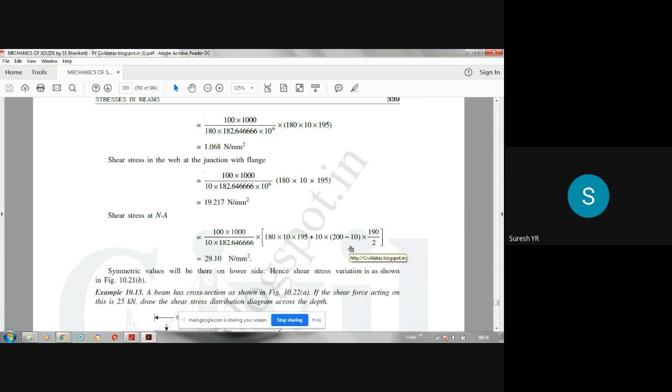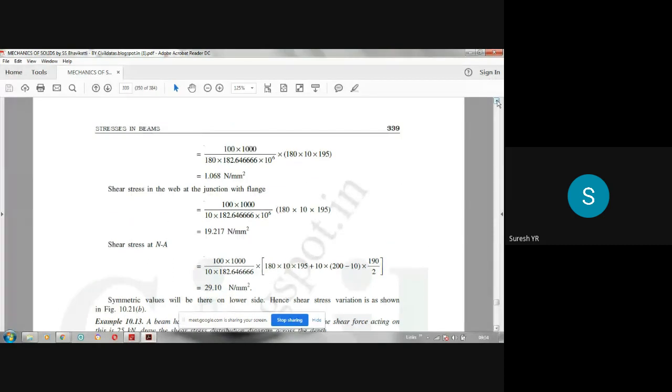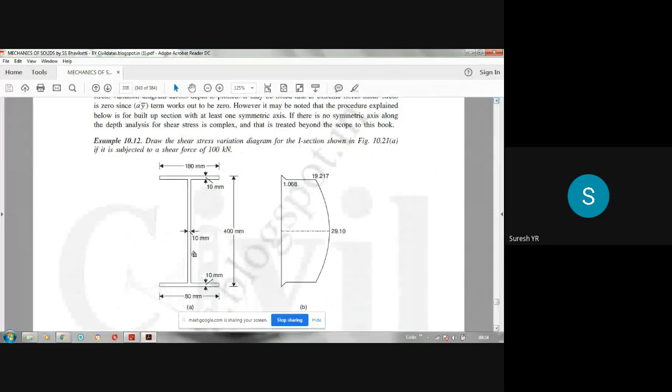So this is important. Now A into Y bar, how to calculate? What you have to do is, we have to take the portion above the neutral axis or below the neutral axis. So this is the neutral axis level. I have to compute the A into Y bar for that area. This area becomes a T section now.